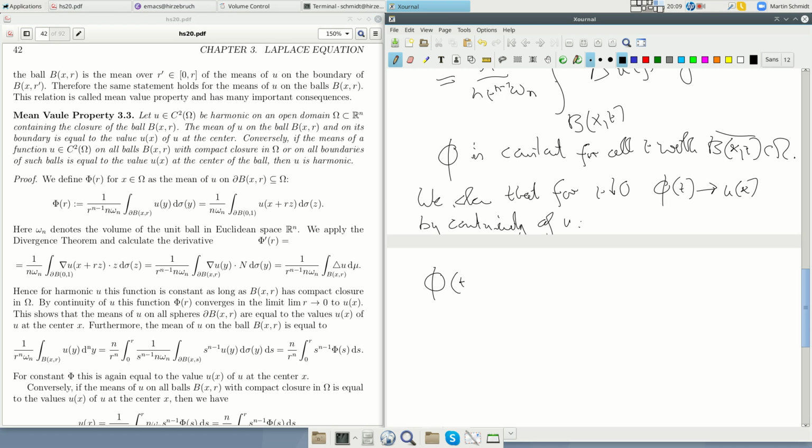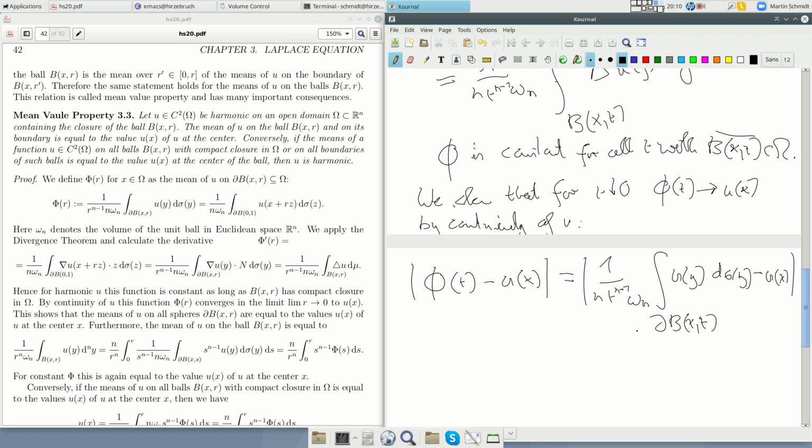Okay, let's see. Let's calculate the difference, phi of r minus u of x, absolute value. This is, of course, just the integral. I rewrite it once more. 1 over n omega n r to the n minus 1 integral over the boundary of the ball, u of y, d sigma of y minus u of x. And now comes the crucial observation.